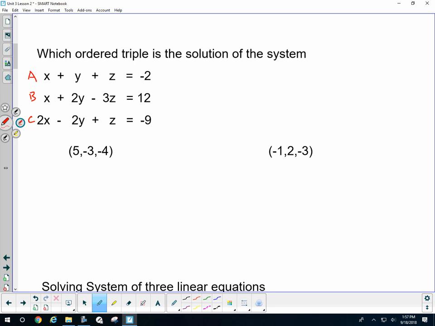Or is it -1, 2, -3? Or do both of them work? Or do neither of them work? Let's find out.